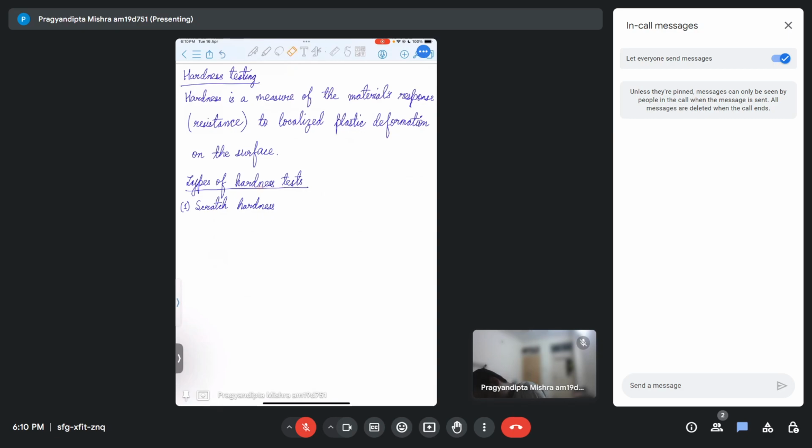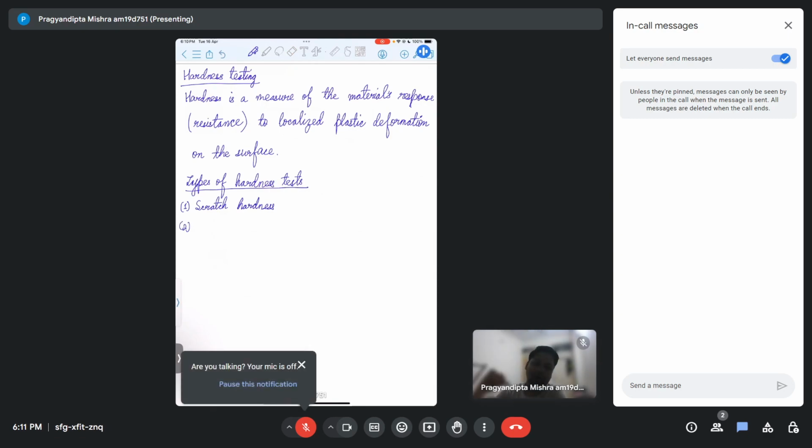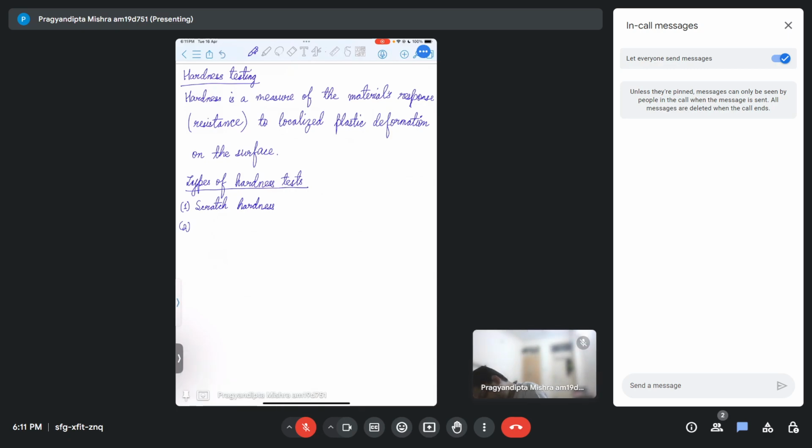Another way could be to look at what will happen if you drop something on the surface. If the surface is hard and you drop something on it, the thing will bounce back. So this rebound could also give us a measure of hardness. And another way could be we indent the surface, or press something on the surface, and measure how much depth it could be pressed in for a particular amount of load.